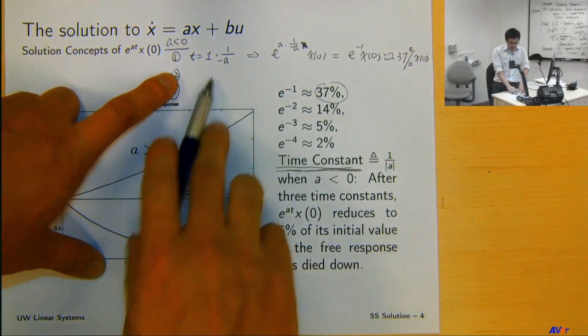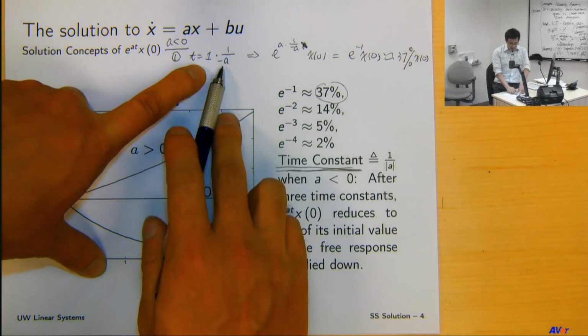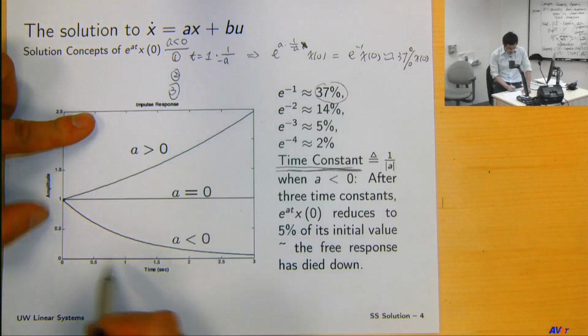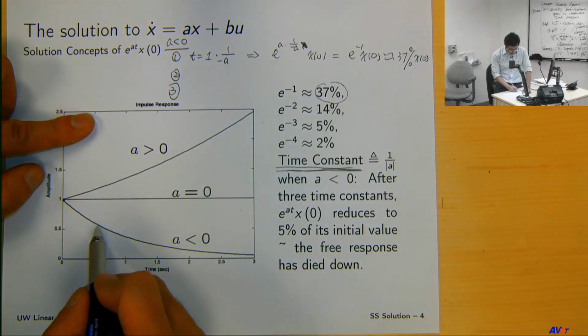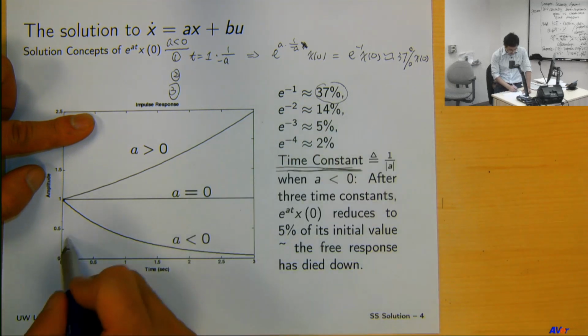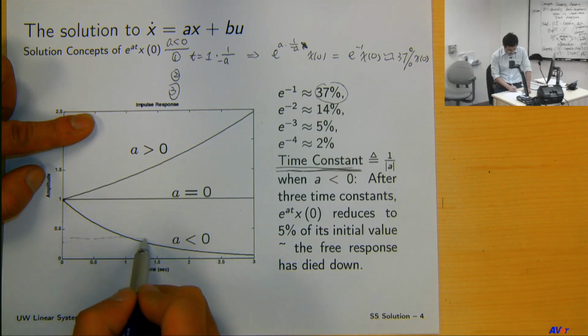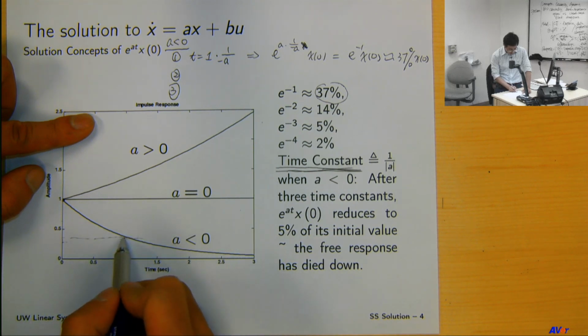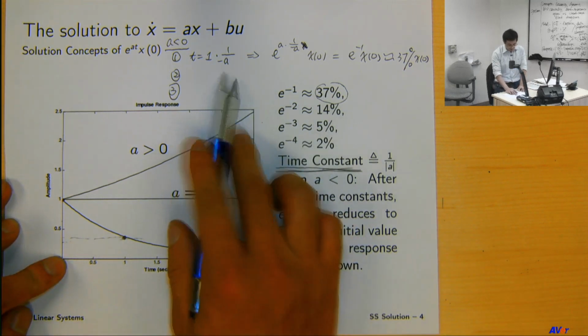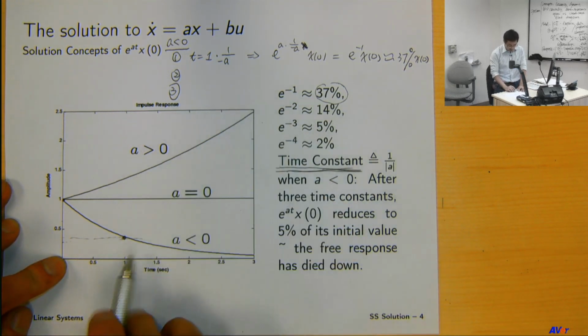So that means after this time, defined by 1 over negative a, the response goes to about 37%, somewhere here. Okay? So after this, we call it 1 times the time constant, it goes to here.